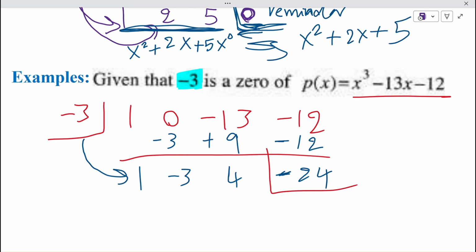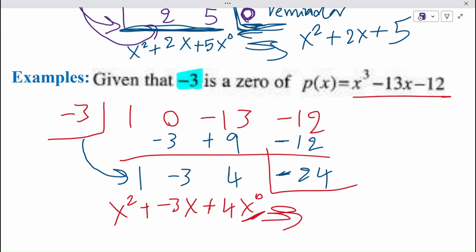Let's write down our polynomial. 4x to power 0, plus minus 3x, then plus x to power 2.